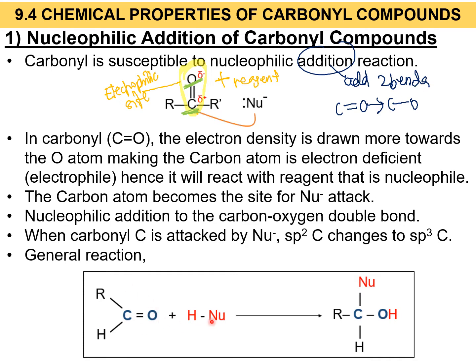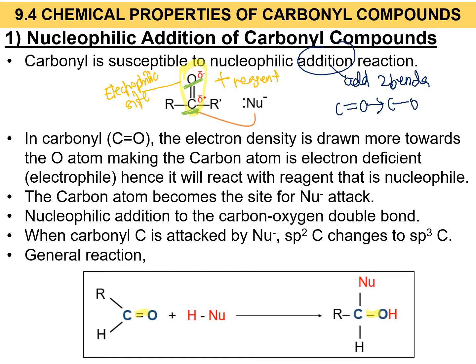Okay, for example, you can see this general reaction of the nucleophilic addition reaction of carbonyl compounds. If you ada carbonyl compounds, tak kisahlah aldehyde ke ketone ke, bila you buat sahaja nucleophilic addition reaction of this carbonyl compound, okay, with this reagent nucleophile, apa yang berlaku, kita akan add dekat kedua-dua ni, dekat this carbon and this oxygen atom. So daripada C double bond O, you can see dia akan jadi C single bond O. Because why?